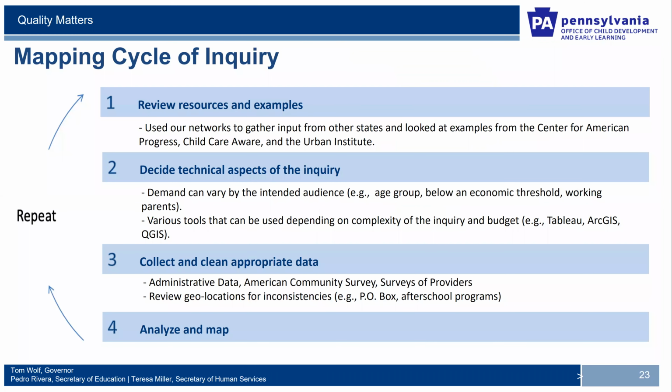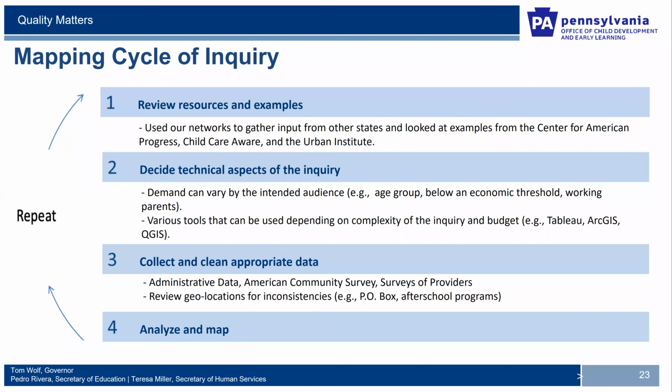So our work in Pennsylvania followed this cycle of inquiry that you see on your screen. First, we reviewed resources and examples of mapping. We found great examples from the Center for American Progress, Childcare Aware, and of course the Urban Institute. We also used our network to speak directly with other states to learn from their experiences. Second, we decided on the technical aspects of the inquiry.